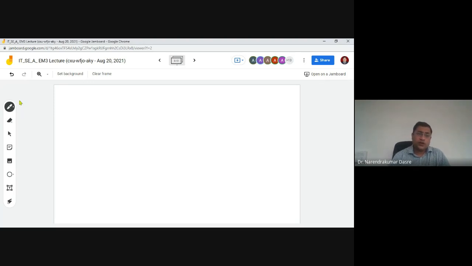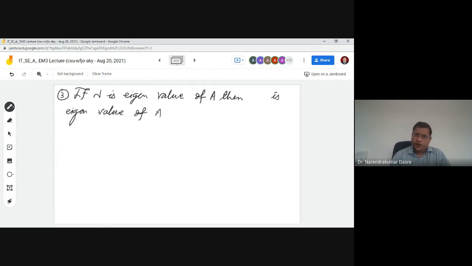Then what is the relation between the eigenvalue of A and the eigenvalue of A inverse?